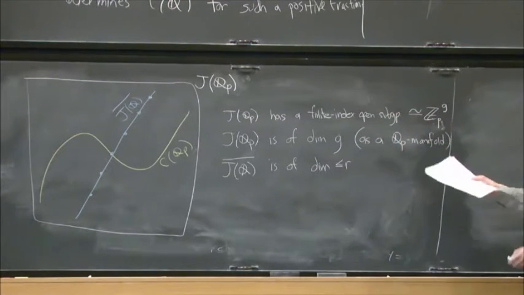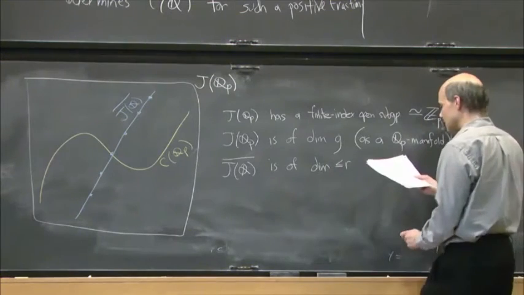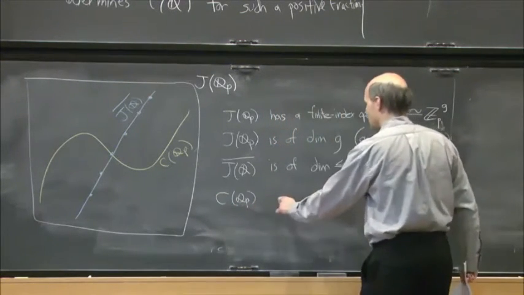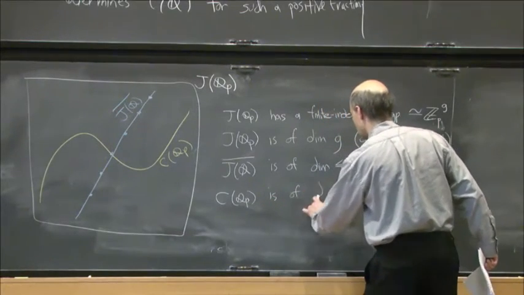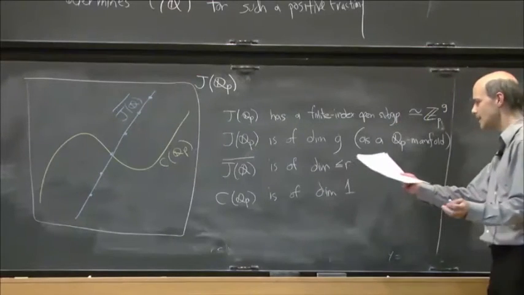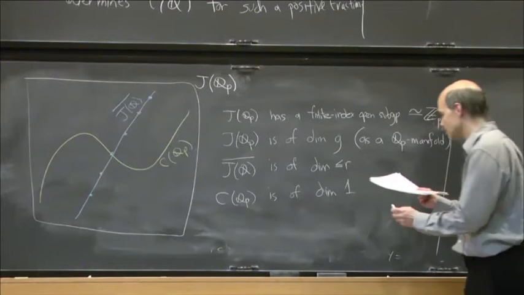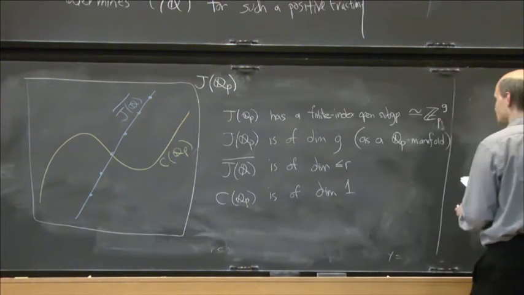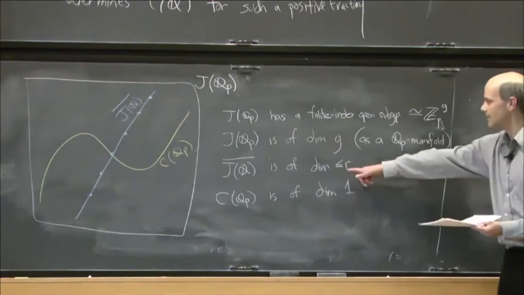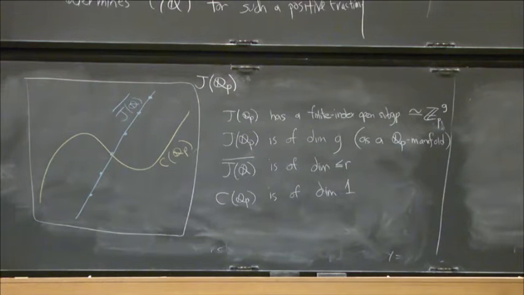So it looks like this, and then of course the curve itself is a manifold of dimension 1. And so, just based on dimensions, you would expect that the intersection should be finite if R is less than g.